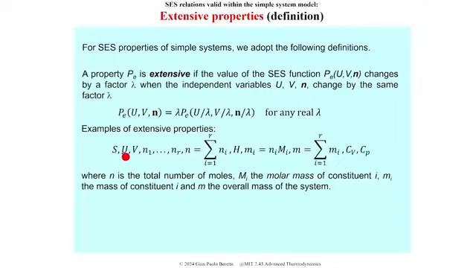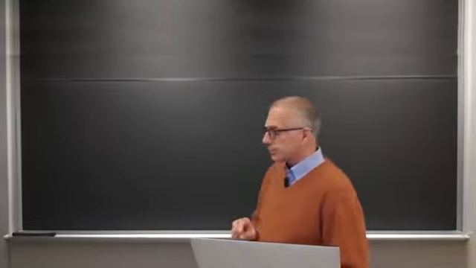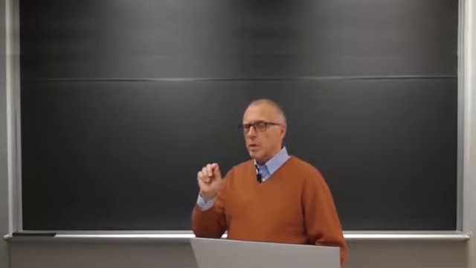Examples in the list of these extensive properties: you find energy, of course. You find entropy, you find volume, the amounts, the total amount, which is the sum of the amounts of the various different constituents, the enthalpy. The enthalpy is not an additive property, because if you have two systems that are at different pressures, enthalpy is U plus PV, no?